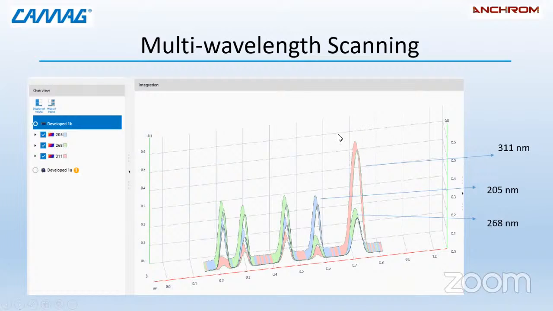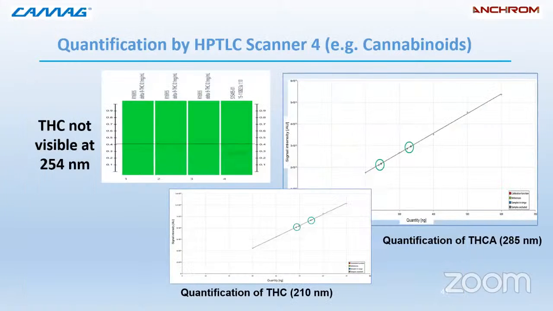This I can use for further analysis because it is showing the highest response at this particular wavelength. Suppose you do not have any information about your sample, you can scan it at different wavelengths, and you get a better understanding of its absorbance wavelength if you go for multi-wavelength scanning.